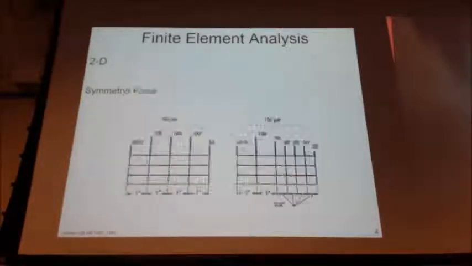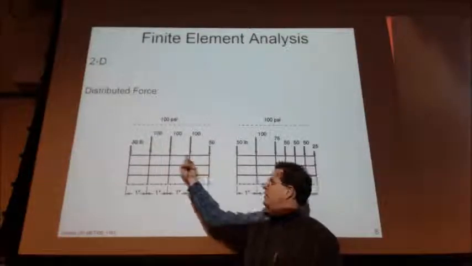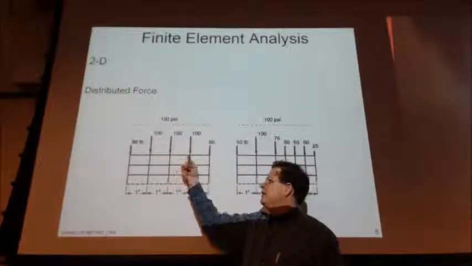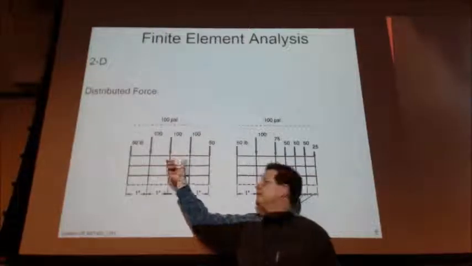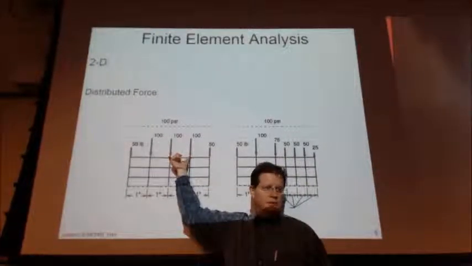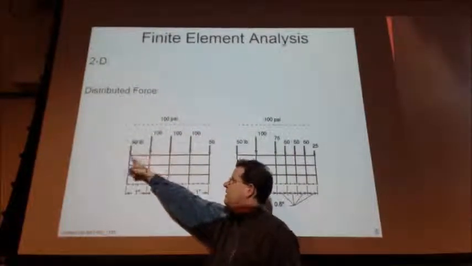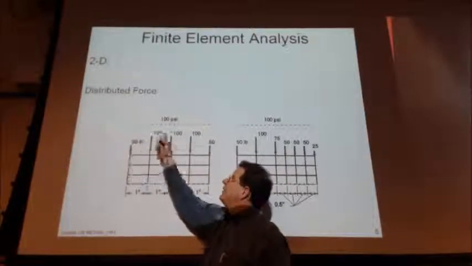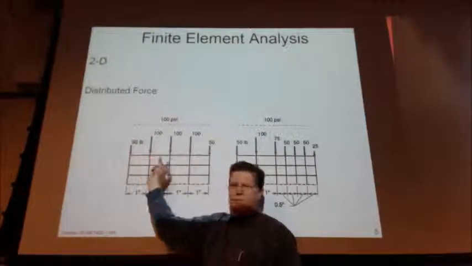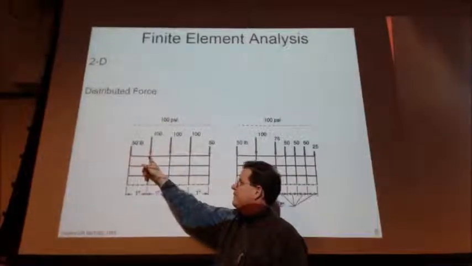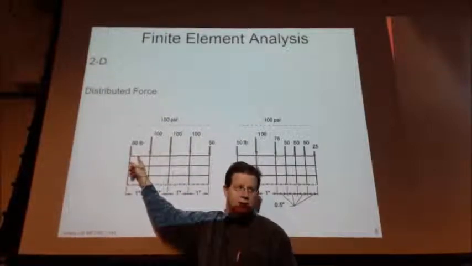When you're applying loads and you have a distributed load, you are considering the load being applied to the element face, but it's attached to the nodes. That's where it's applied. So if I have 100 psi on this face, because we're going to have unity for thickness, so we're just one thick, I'll put 50 pounds here and 50 pounds here to get my 100 pounds on this element.